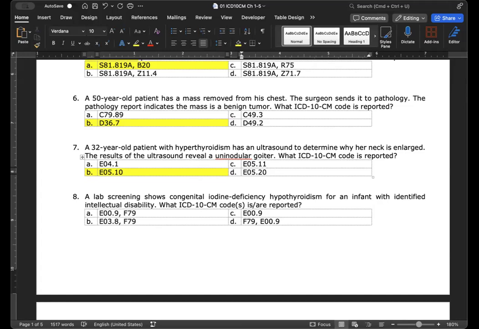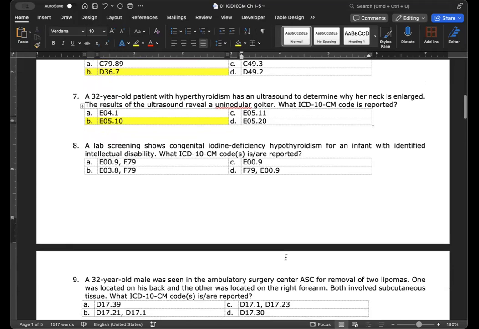The E04.1 is just going to indicate that a goiter is present. So I just want to make sure everybody's on the right page. We're using E05.10 because that includes your hyperthyroidism, which is the thyrotoxicosis, versus the E04.1, which is just indicating that a goiter is present. Any questions on that? Is everybody good on that explanation?